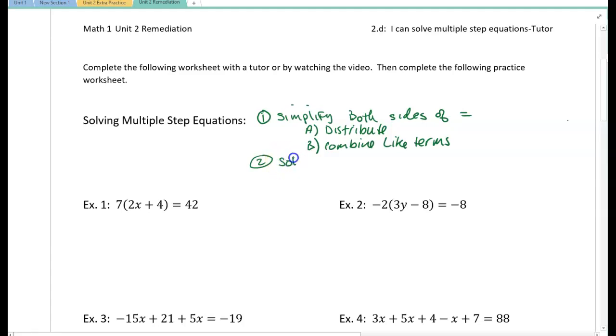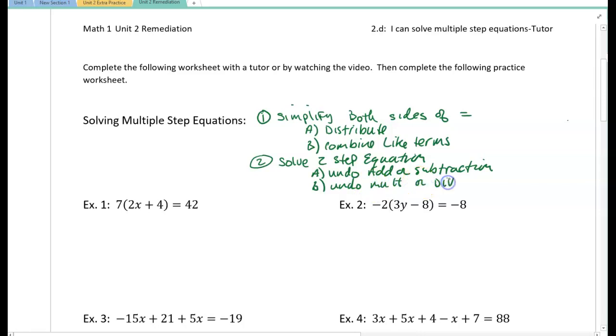So we go ahead now and solve the two-step equation. And remember, in this, we undo any addition or subtraction first, and then we undo any multiplication or division. Okay?